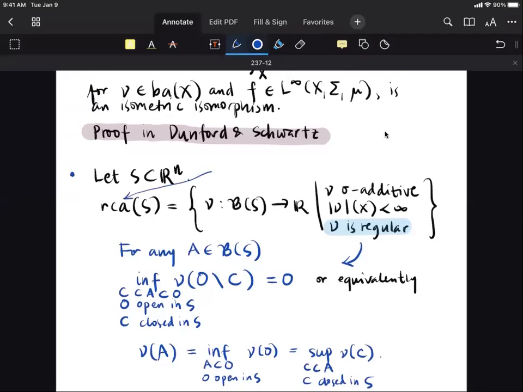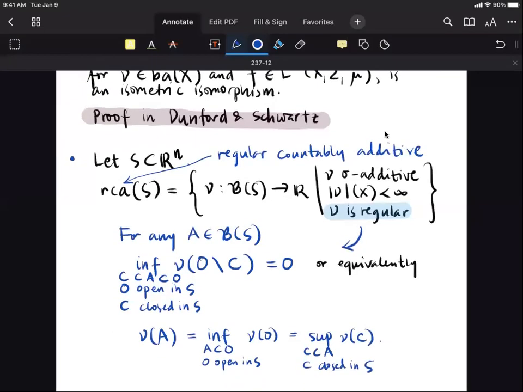So RCA refers to regular countably additive measures. So sigma additivity or countable additivity.